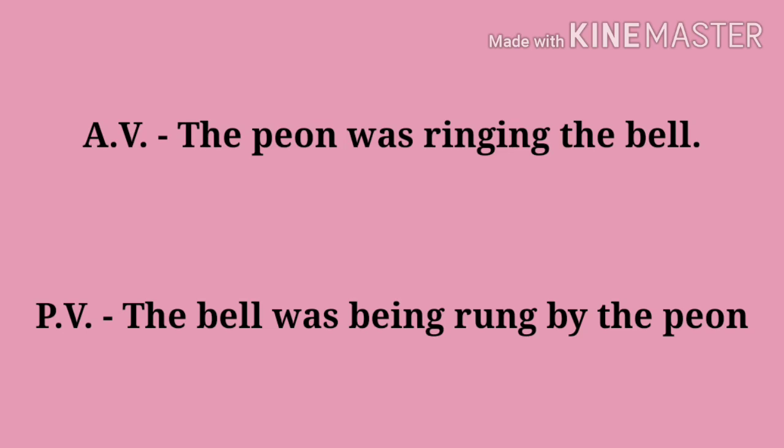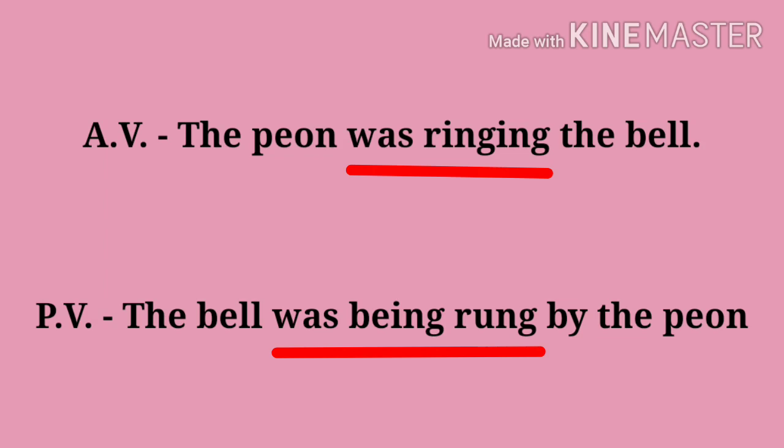Let's see one more example. The sentence in active voice is the peon was ringing the bell. It changes in passive voice to the bell was being rung by the peon. So we see was ringing changes to was plus being plus the past participle form of ring, that is rung. So it changes to was being rung.